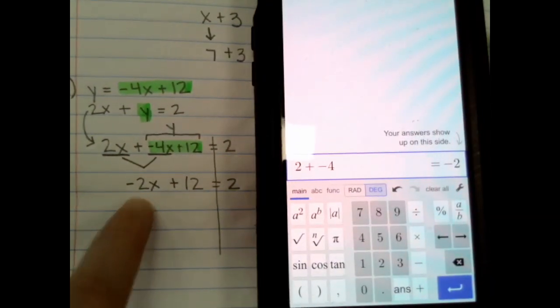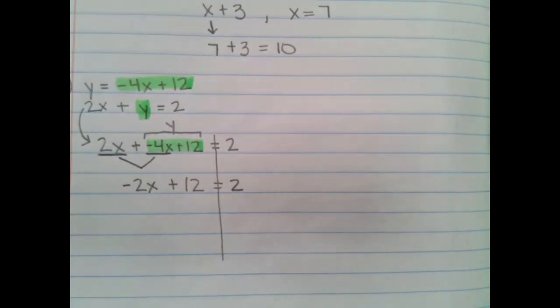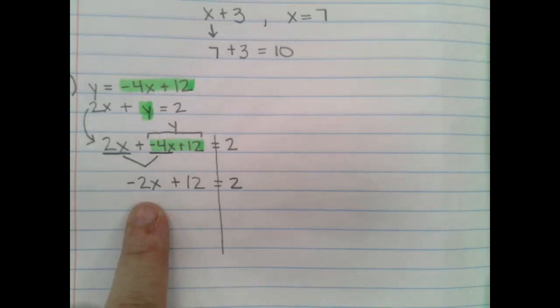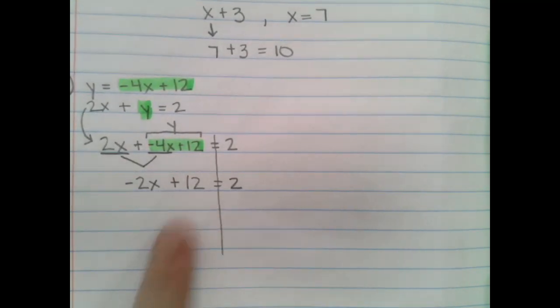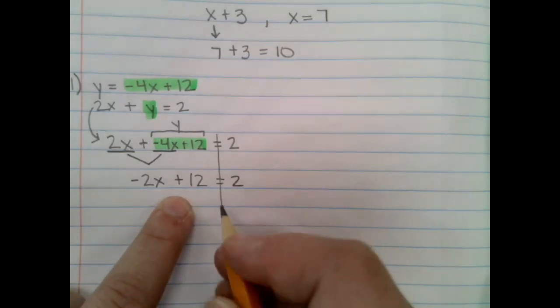All right, now it's that nice, cozy autumn sweatshirt that we like to wear a lot. It should feel comfy. We know how to do this. Are we going to undo the negative 2 first, or undo the 12? Good, undo the 12. So how would I undo adding 12? Minus 12.